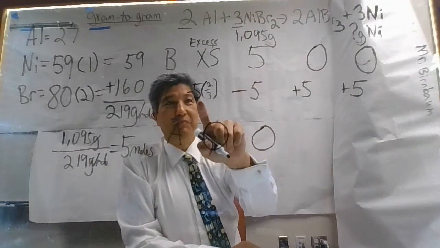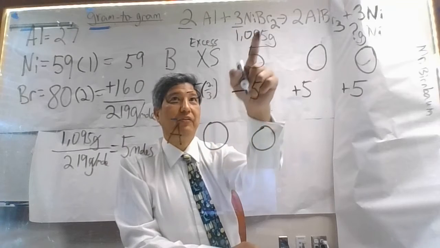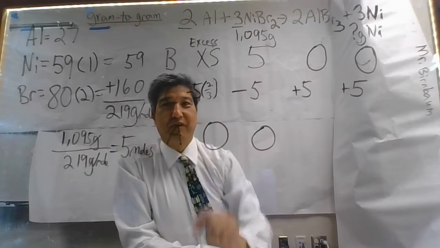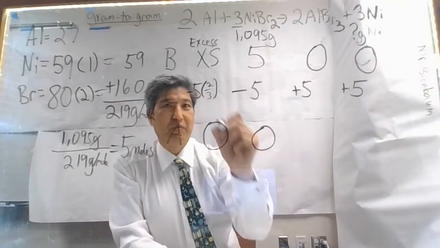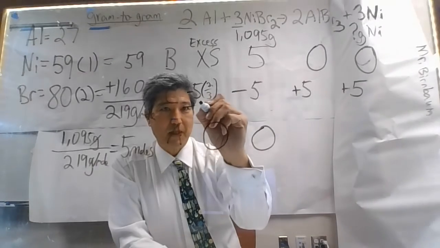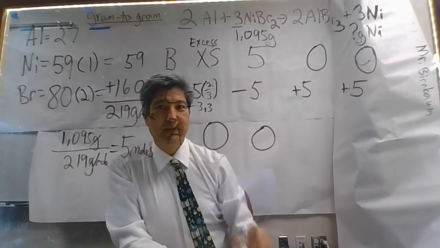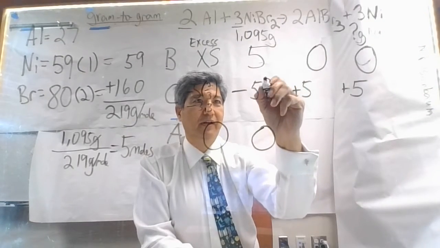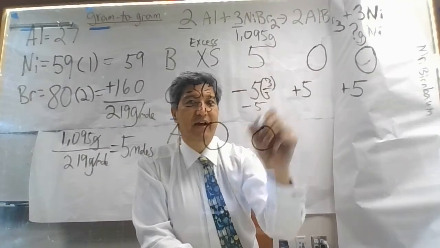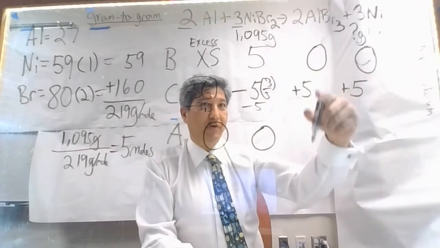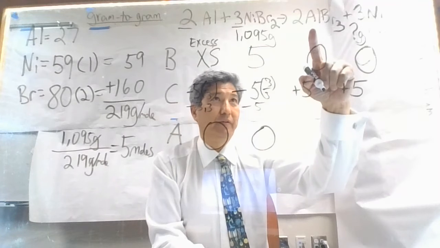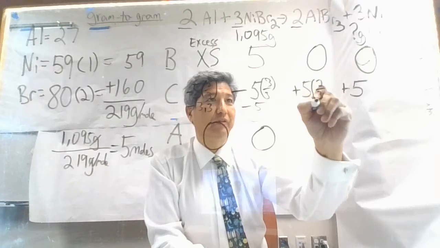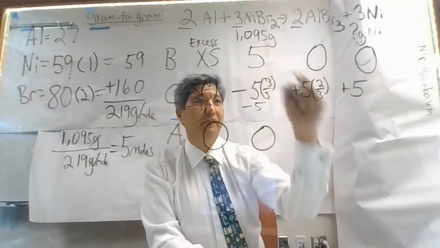So I've got 5 moles of NiBr2. I'll have 2/3 as many moles of aluminum, so 2/3 times 5. That's going to be minus 3.3, like that. And then, of course, this is going to be 3/3, so that's going to be a minus 5. And then over here, we've got 2 AlBr3, so it's going to be 2/3 as many moles of this as this.